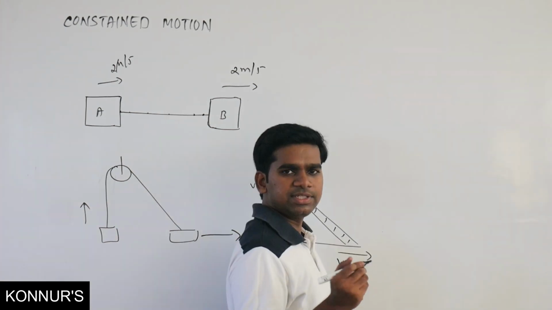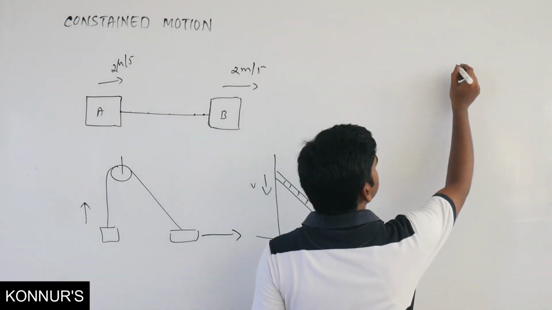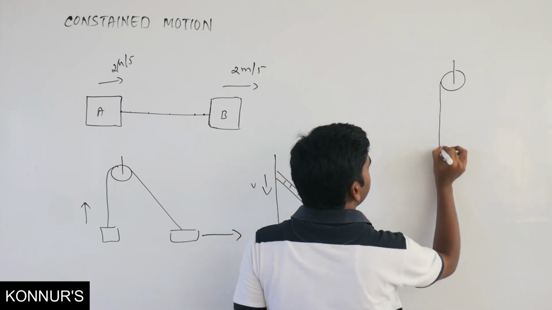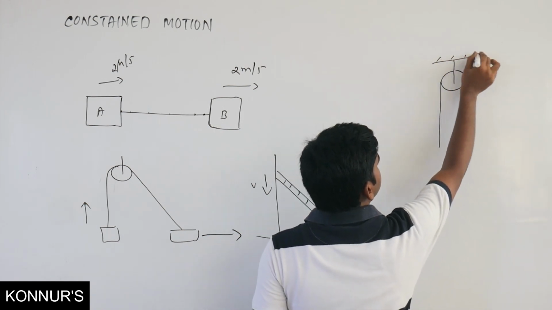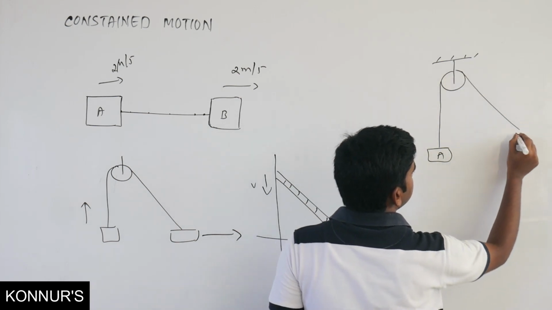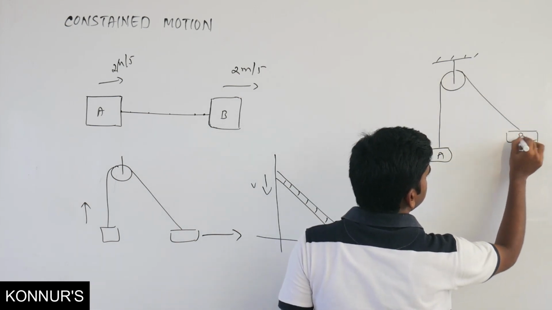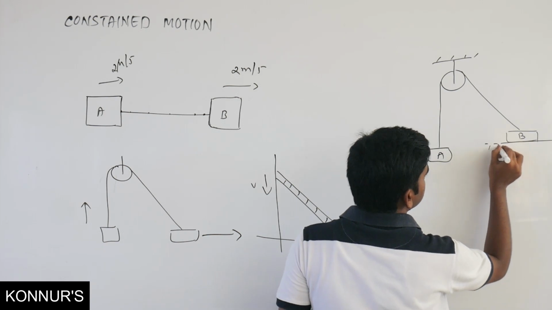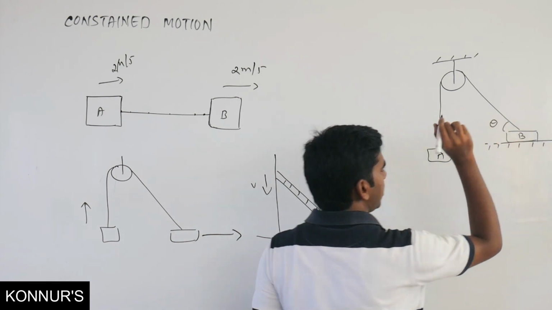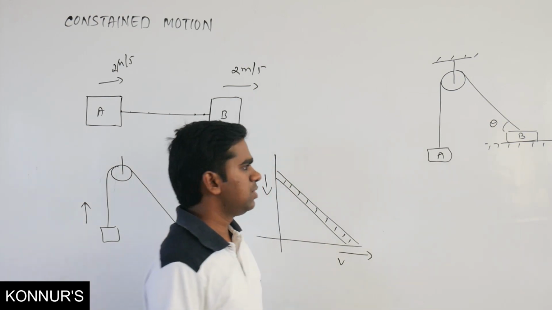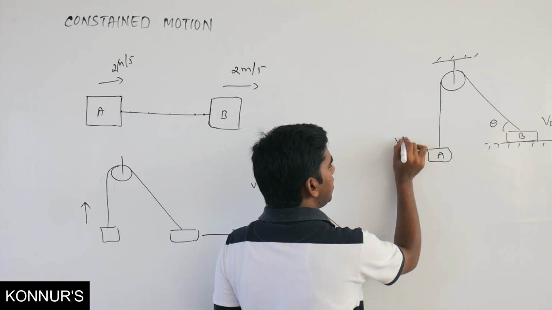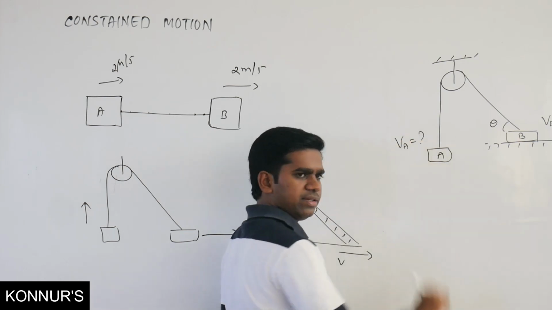If we see an example, suppose a mass is connected here, say it's A. Another mass is connected here, say its mass is B, and the string is making an angle theta. Now you know the velocity of B is Vb. What will be the velocity of A?